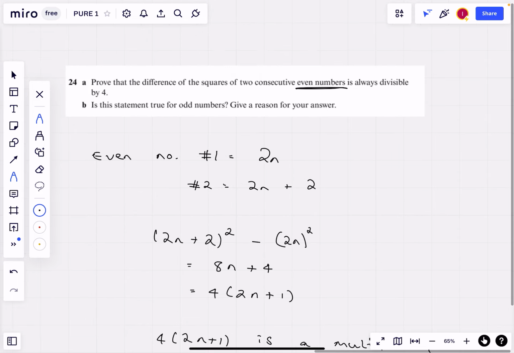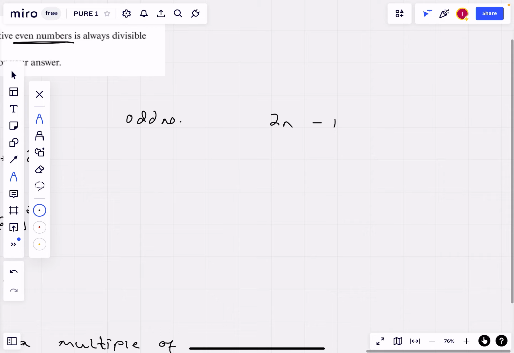Is this statement true for odd numbers? Okay. So if we want an odd number, we have to take 2n and we have to minus 1 from it. Okay? That would be odd number 1.